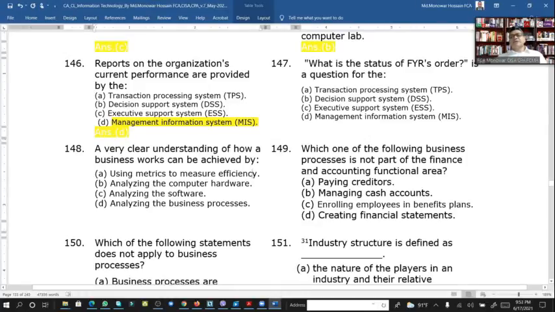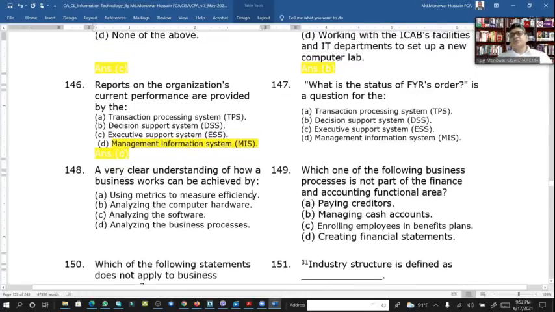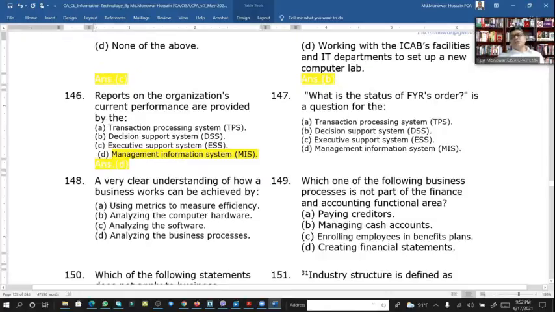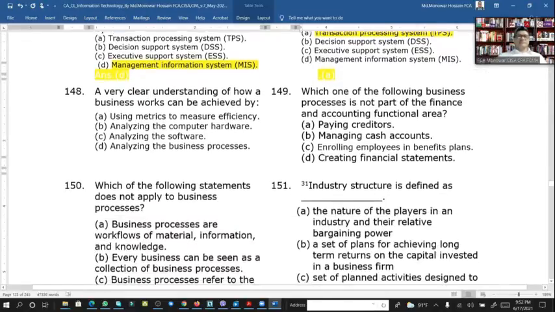And what is the status of one company's order in question? That means order would be the transaction processing system. Here the main thing is order. The key point is order, so it goes through the TPS.